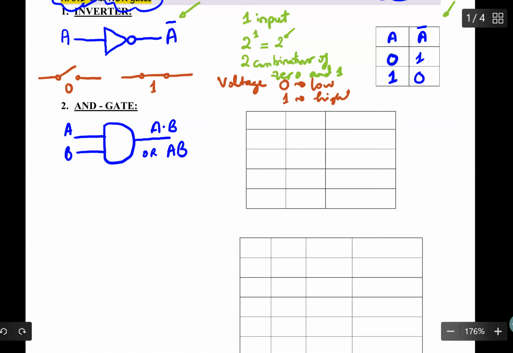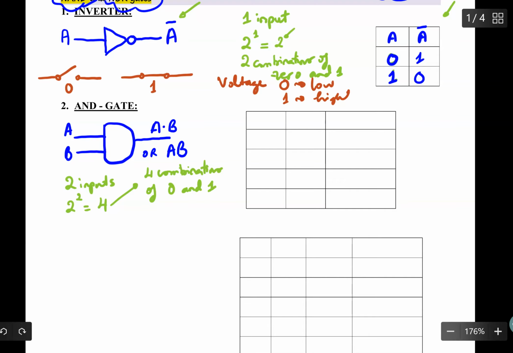Again, let's go over the combination of 0 and 1. In this case, I have two inputs, with two possibilities of 0 or 1 each. So I should have 2 to the exponent 2, which gives me 4. This number 4 tells me that I should have 4 combinations of 0 and 1.